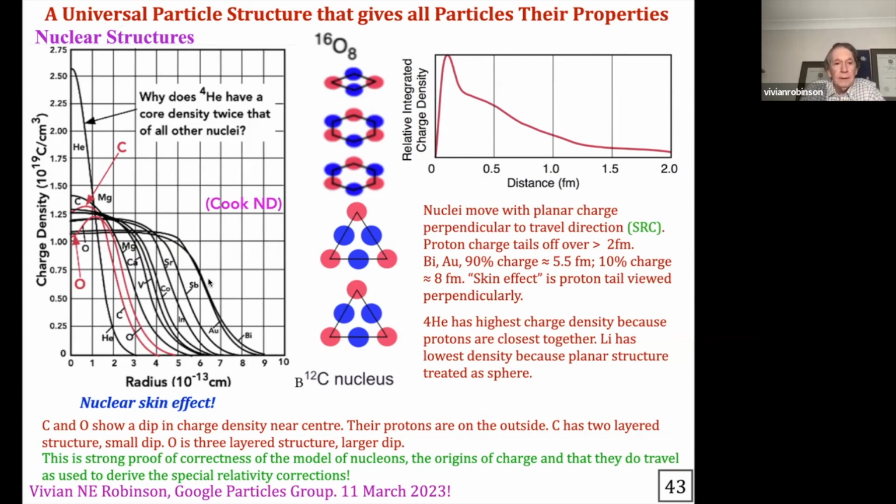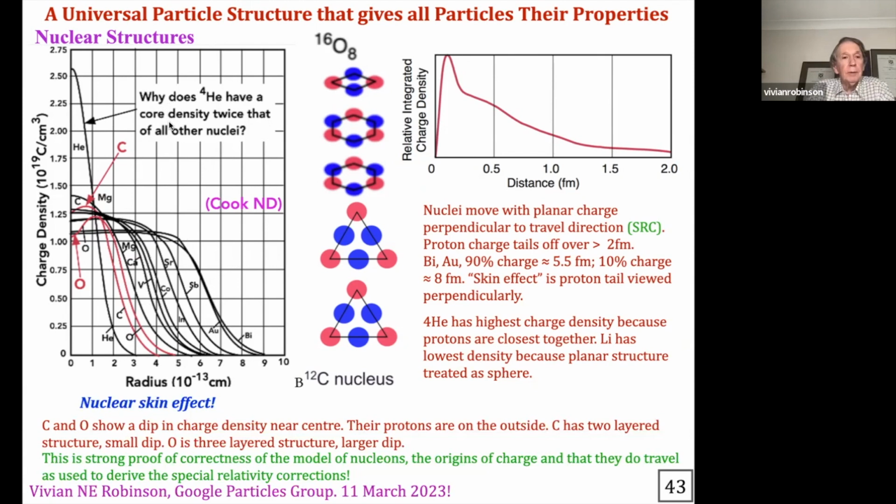So the skin effect really just shows that, yes, nucleons, or all particles, when they move, orient their spins so that they present the charge plane perpendicular. The charge plane is perpendicular to their direction of motion.